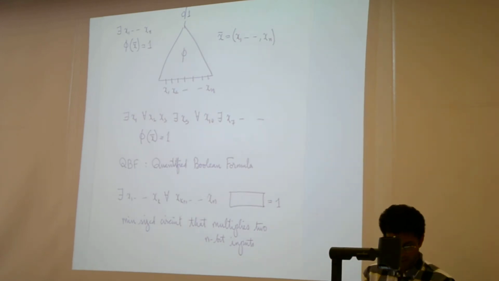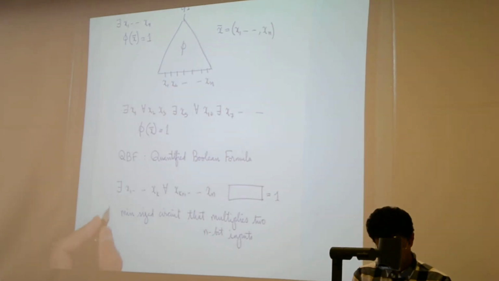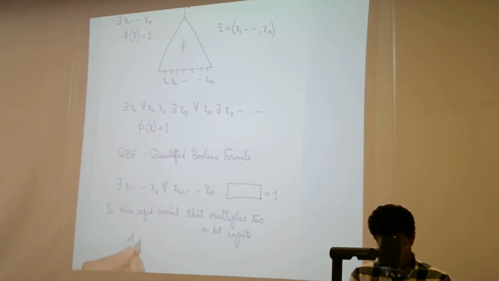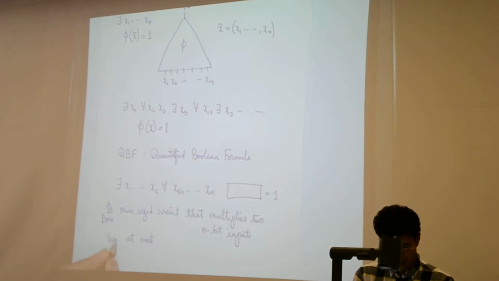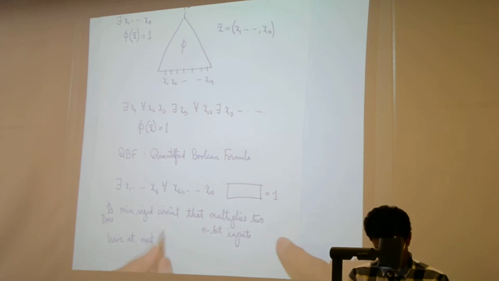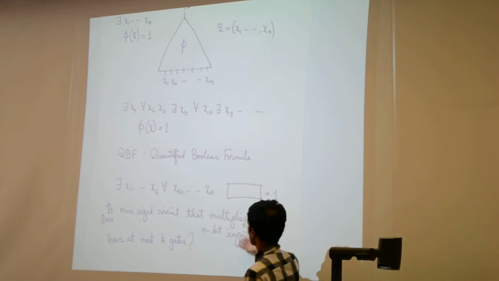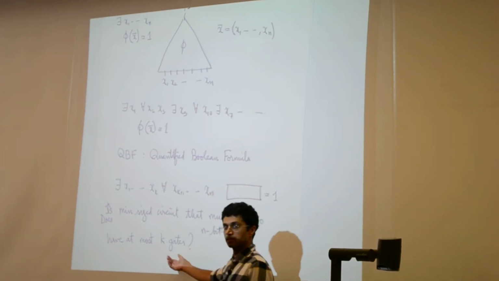I could ask, does this have at most, I don't know, k gates? And this is a natural question to ask. Does the minimum circuit that multiplies two n-bit inputs have at most k gates?